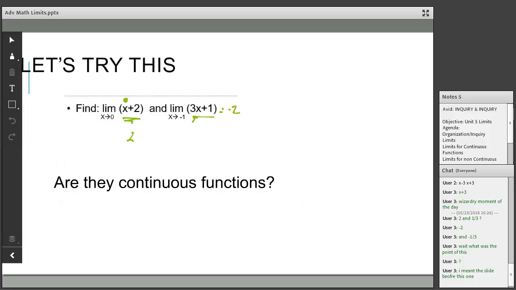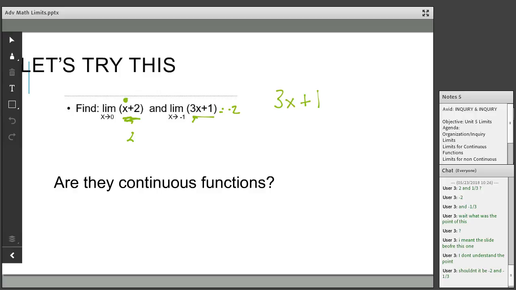Oh, the slide before this one. This was just having you try basic limits for polynomial functions. I was just trying to give you a basic one, saying let's find a limit and have you identify that this is a polynomial.